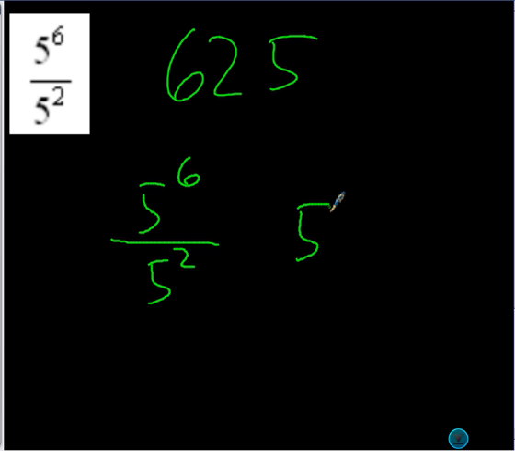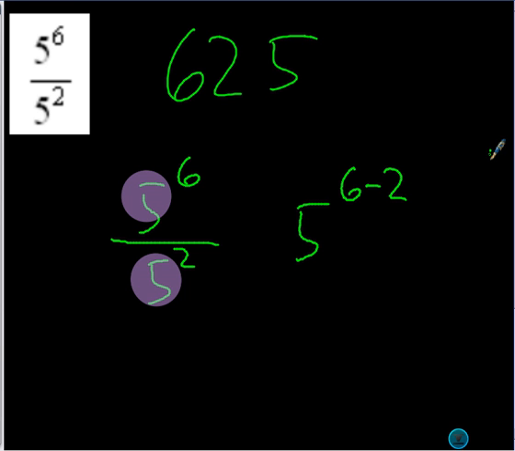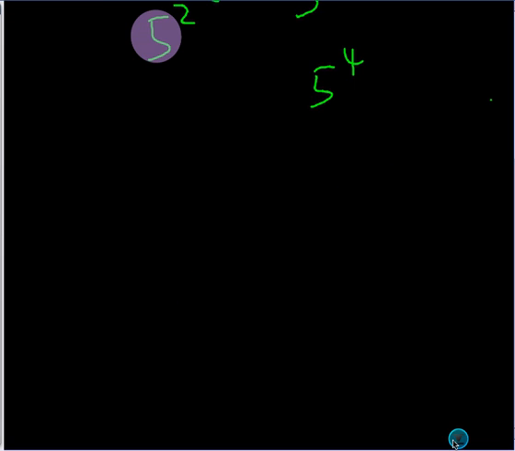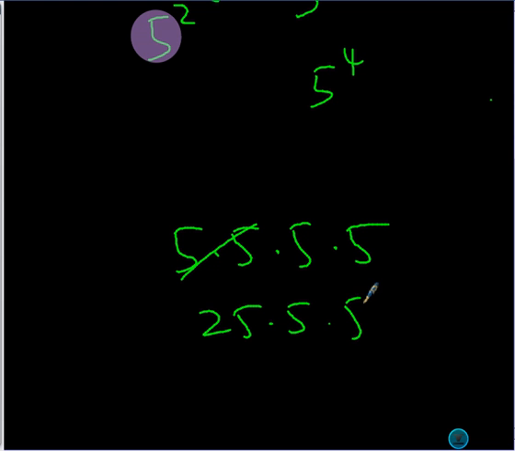Tells me when I'm dividing numbers of the same base, again, I've got the same base, 5 and 5, okay, and so I subtract 6 minus 2, 5 to the 4th, so that's going to be 5 times 5 times 5 times 5. That's 25 times 5 times 5. And we know from before that's 125.